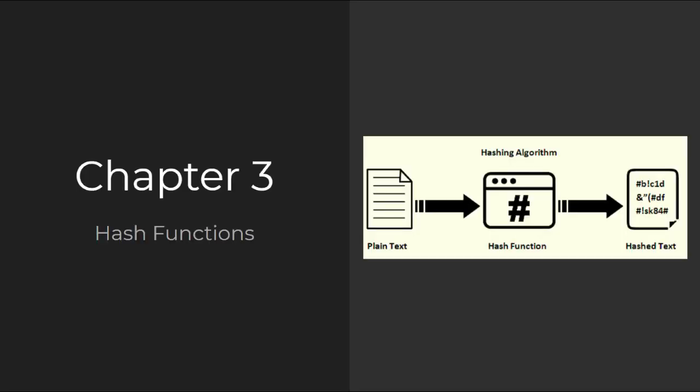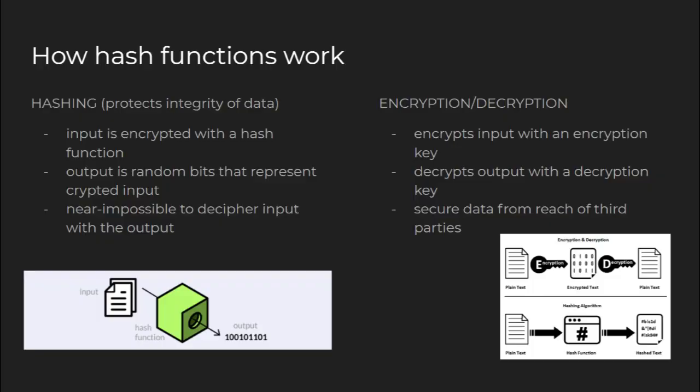Now we're going to understand how these ledgers are able to stay private at all with cryptographic functions. The first method of cryptography that we're going to focus on is hash functions. Hash functions are similar to a code function.